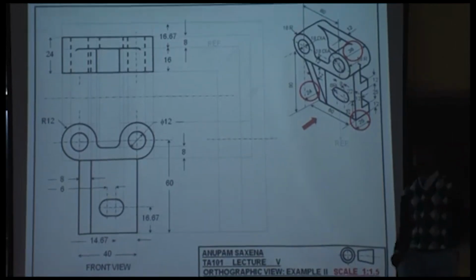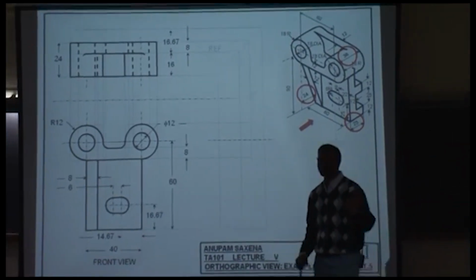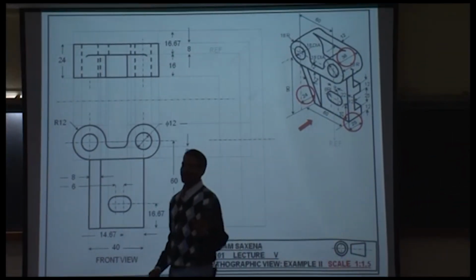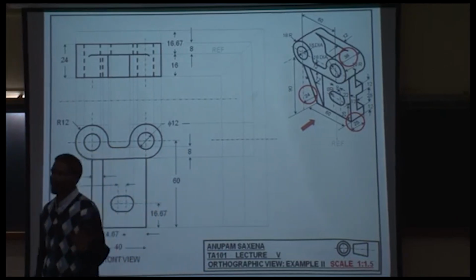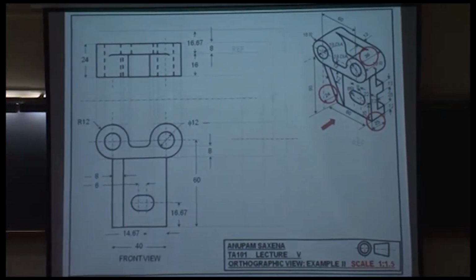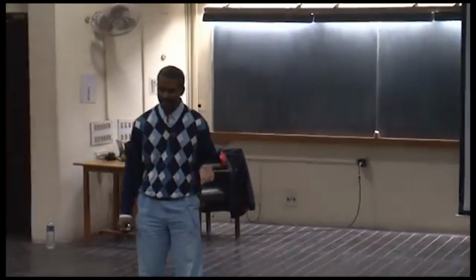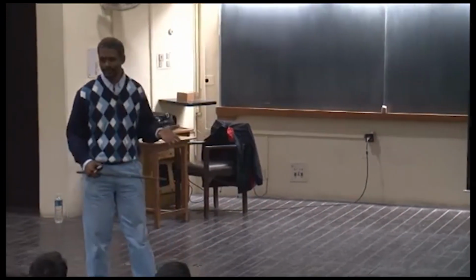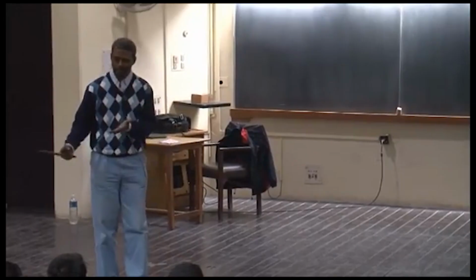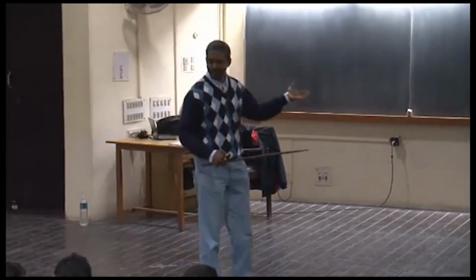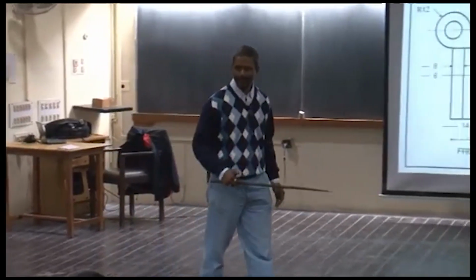Folks, be polite. You'll start imagining things better once we start dealing with isometric views. For now, assume that this is like a tapered rib.